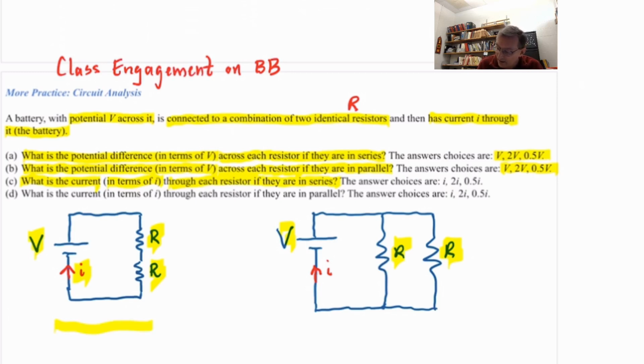The answer choices are I, 2I, or 1/2 I. And lastly, D, what is the current through each resistor in terms of I if they are in parallel? So now you're back to the diagram over here on the right. What's the current through each resistor? Again, the answer choices are I, 2I, or 1/2 I.